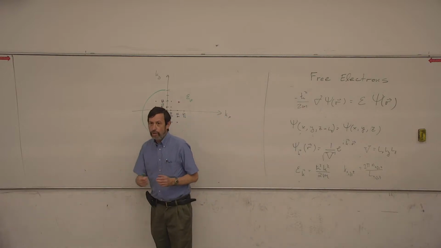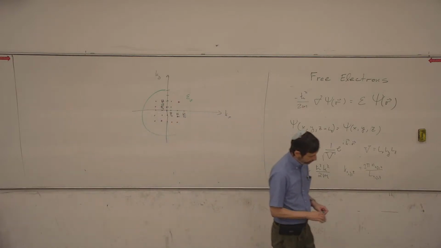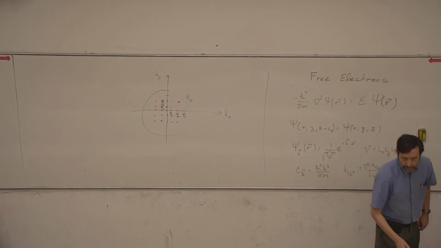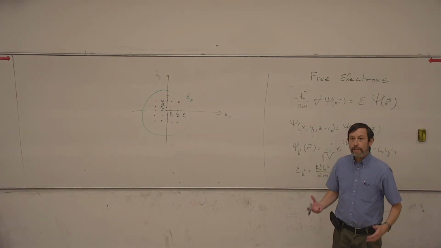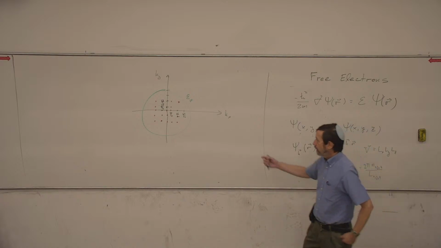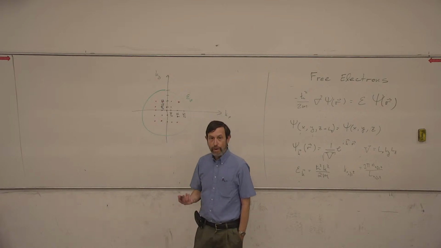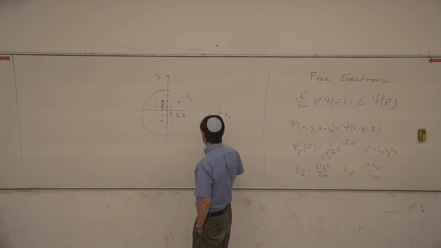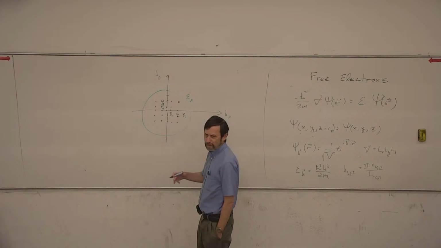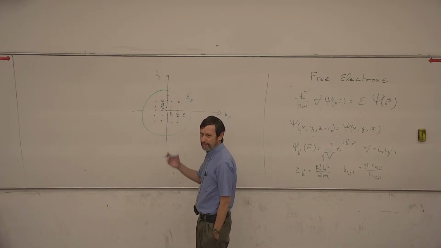Okay, so what is the density of these points in the K space? You have a point. Let's assume now for simplicity that Lx is equal to Ly equal to Lz.